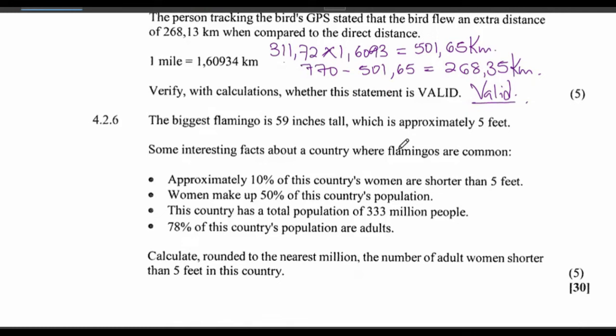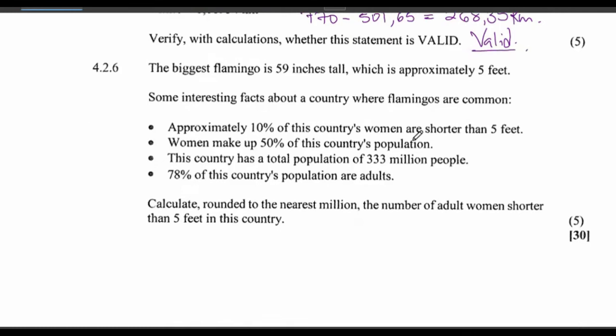4.2.6. The biggest flamingo is 59 inches tall, which is approximately 5 feet. Some interesting facts about the country where the flamingos are common. Approximately 10% of this country's women are shorter than 5 feet. Women make up 50% of the country's population.